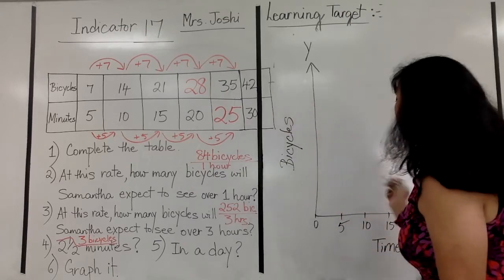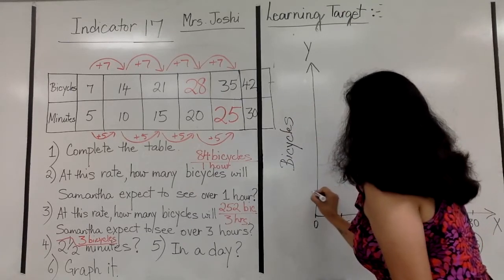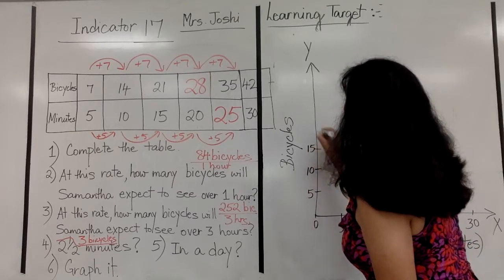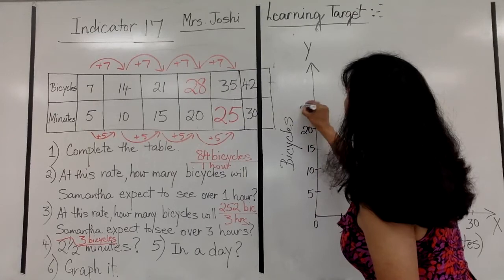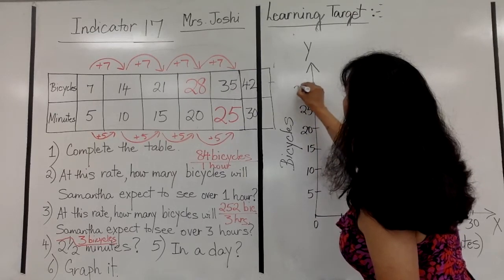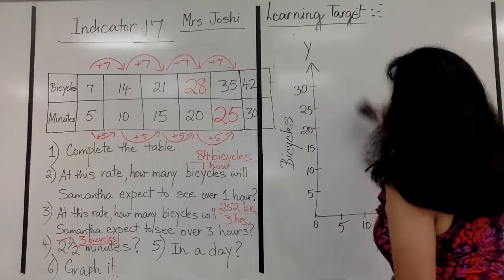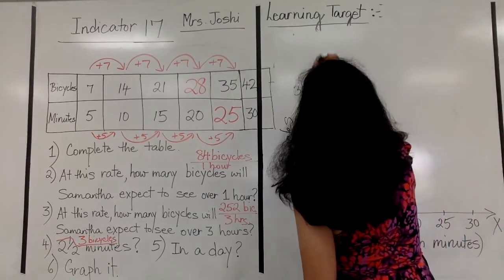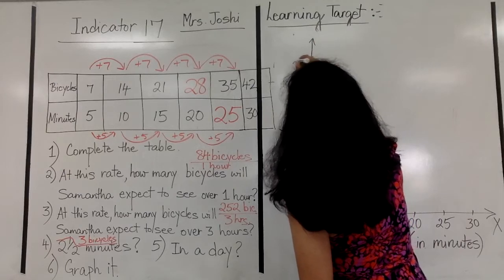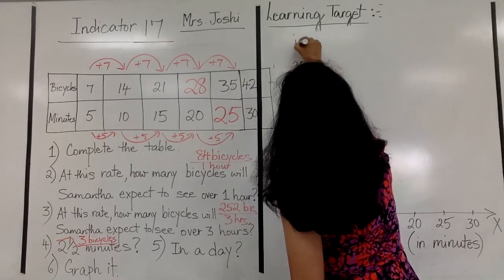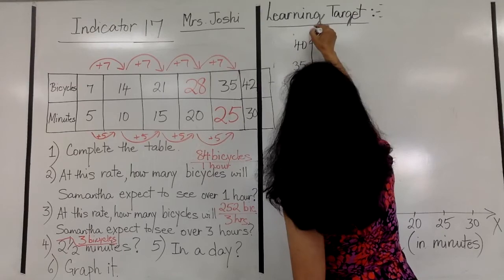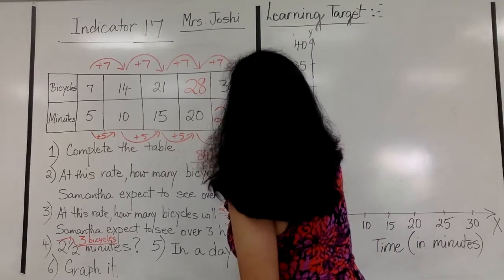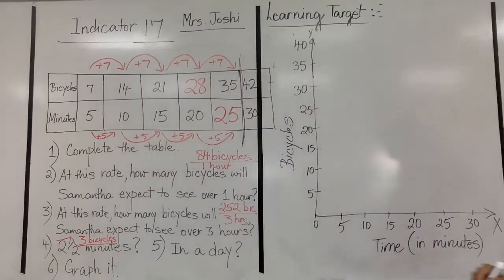Okay, so I'm going to label this as 5, 10, 15, 20, 25, 30, 35 and 40. This is how much I'm going right now. And I am going to plot till here because this is where the table had ended.